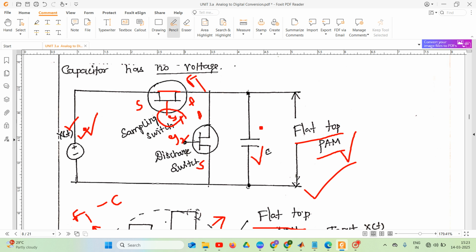So we are applying the small pulse at the gate. So what happens? The FET is closed. Once the FET is closed, the capacitor starts to charge. The capacitor charges up to the maximum value of our input signal, modulating signal.